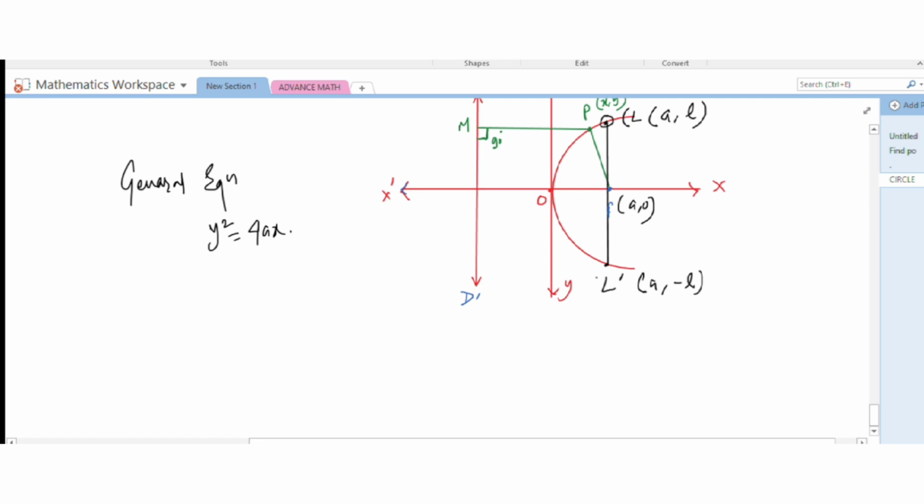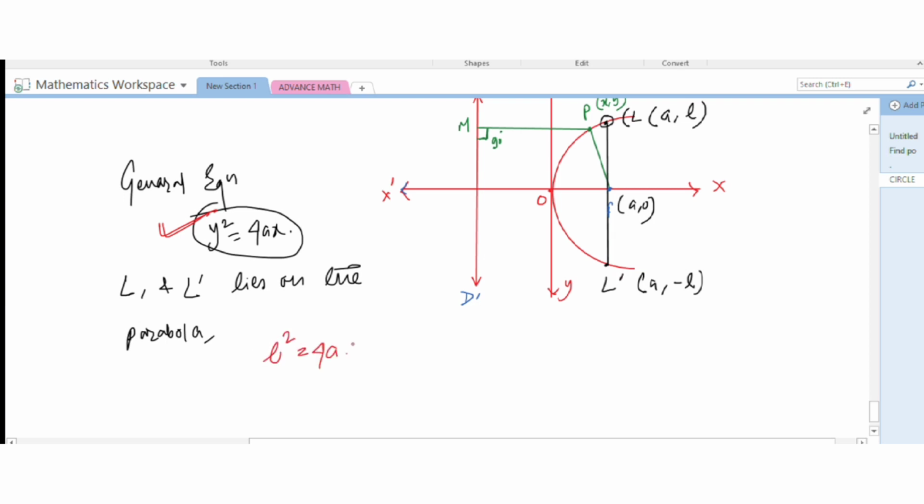These two points, L and L dash, lie on the parabola. So L dash definitely satisfies this equation. So it will be l square equals 4a into a. So l square equals 4a square, or we can say l equals 2a.